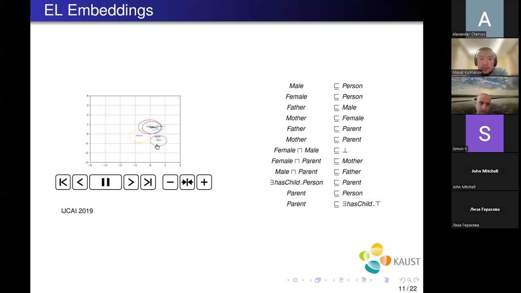For example, the male class will go inside person, and then father will be inside male, and so on. When all the constraints that we put using these axiom-based loss functions are satisfied, the training will stop, and the loss will go to 0.